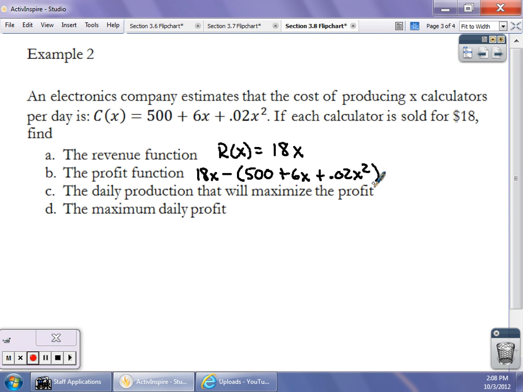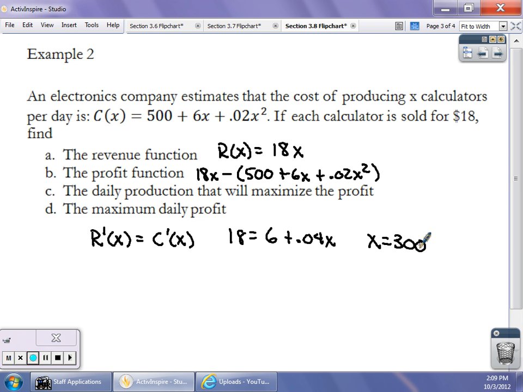And then, what's the daily production that will maximize our profit? My concept, or the way I learned it, was to set the marginal revenue equal to the marginal cost. So the marginal revenue, R prime of x, equals the marginal cost, C prime of x. In our case, it's 18 equals 6 plus 0.04x. If I solve that simply, I should produce about 300 units.